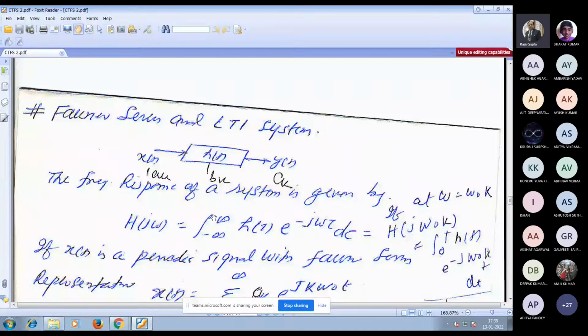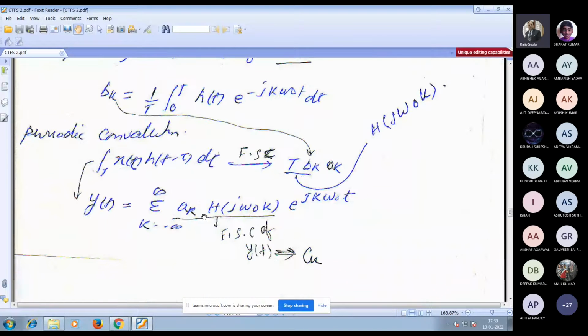This ak is nothing but the Fourier series coefficient of input x of t. H of j omega naught k is the frequency response of the system calculated at omega equals omega naught k. If you multiply these two things, it is going to be the Fourier series coefficient of output y of t, which is your ck.